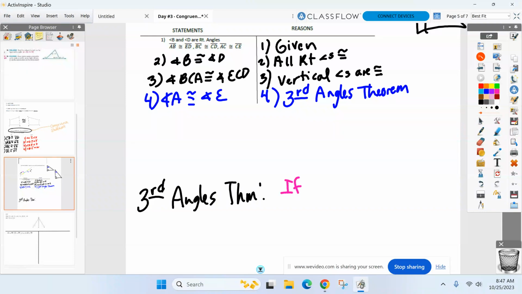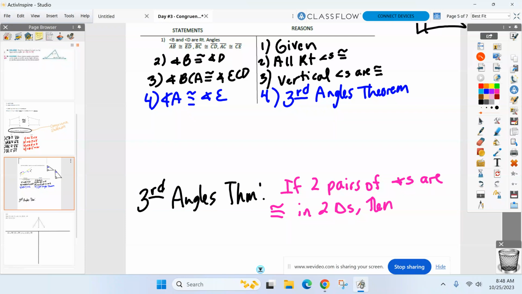If two pairs of angles are congruent in two triangles, then what did we just show?